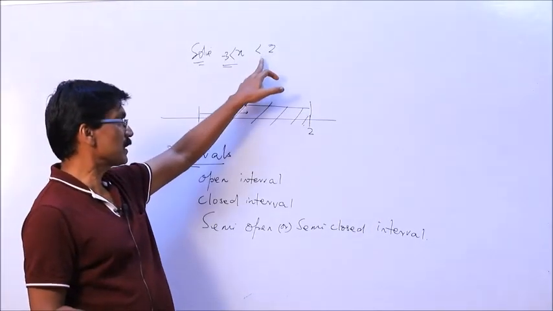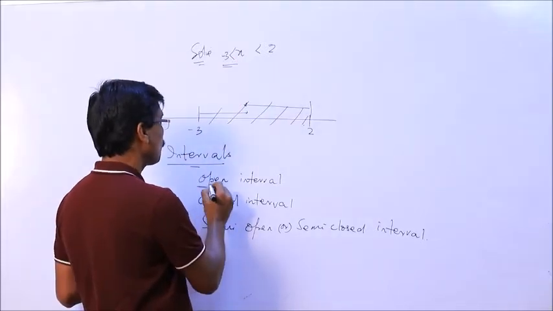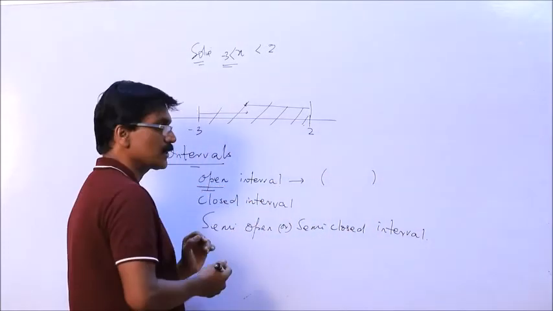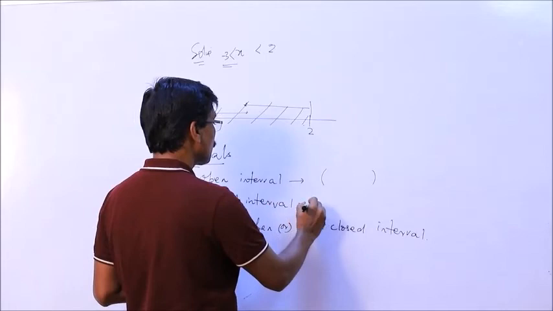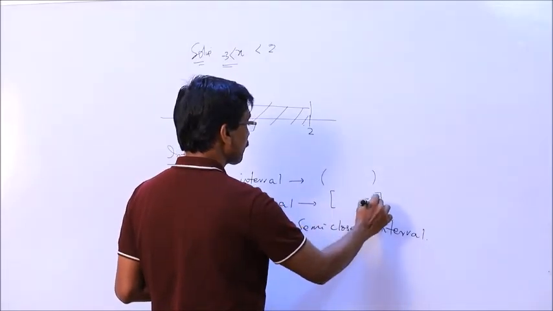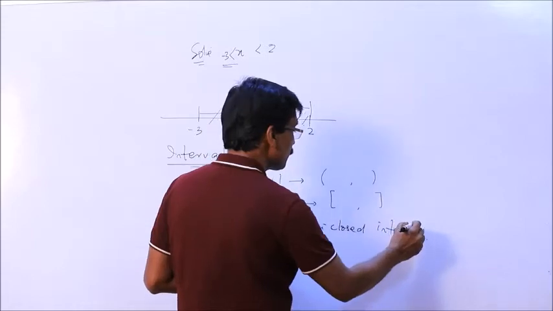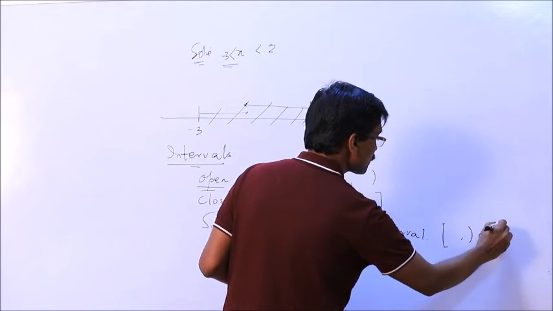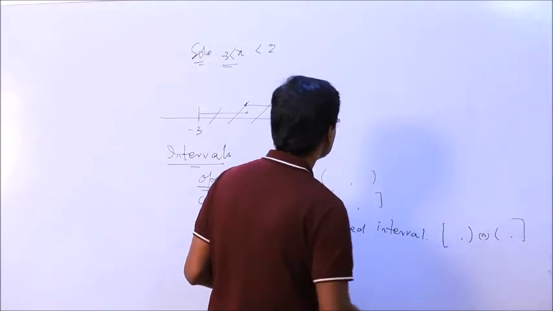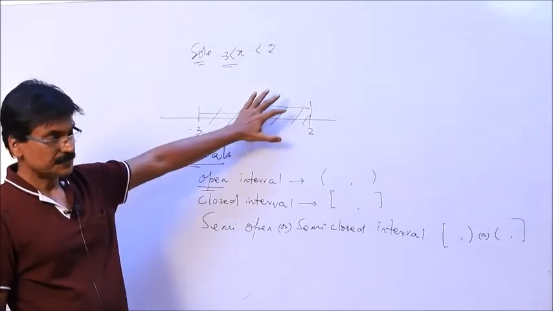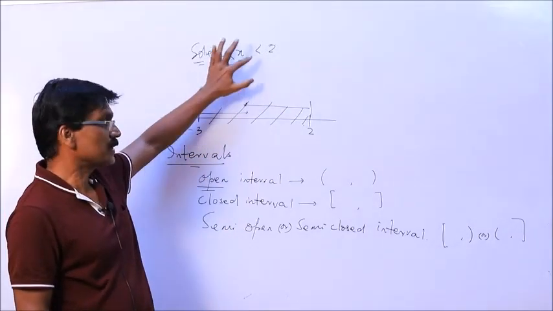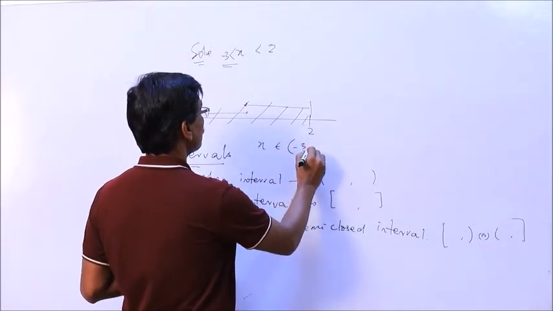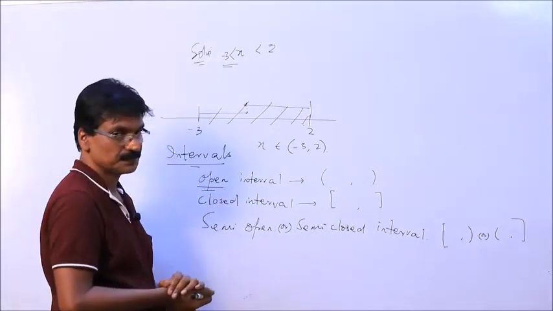If it is less than sign, then we have open interval. Open interval means we have a round bracket. It is closed interval, we can represent it in a square bracket. Semi open or semi closed means either one side closed and other side open, or one side open and another side closed. And for these solutions, x between minus 3 and 2, we have x belongs to (minus 3, 2). So, this is the solution.